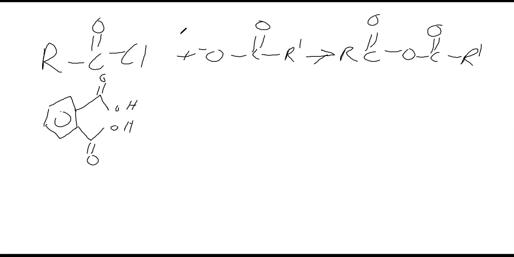So this is, what, 1,2-benzenedioic acid, or phthalic acid. Just adding heat will cause us to cyclize and dehydrate into a stable bicyclic ring.